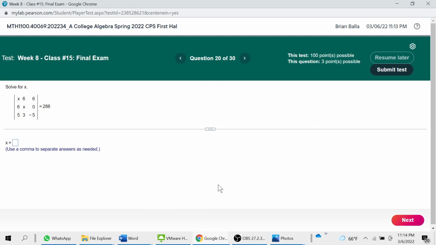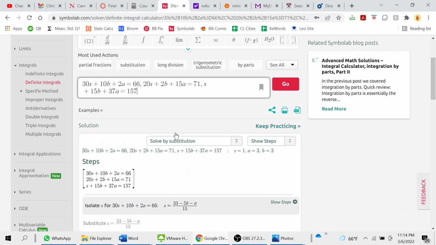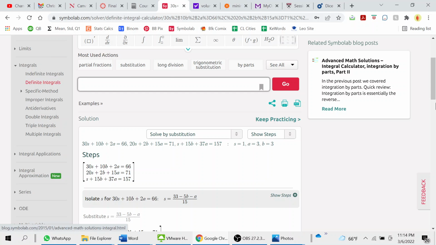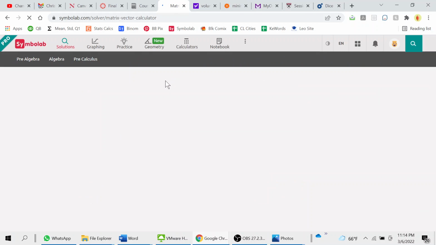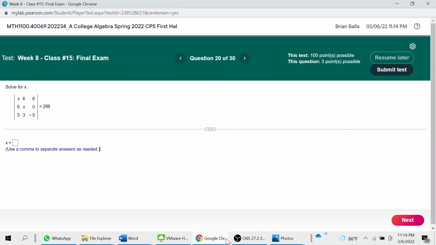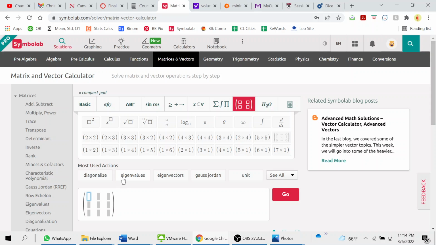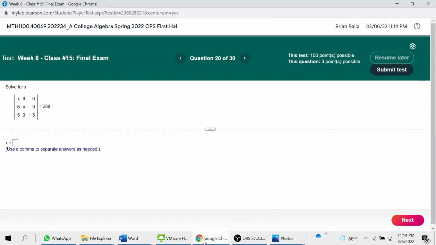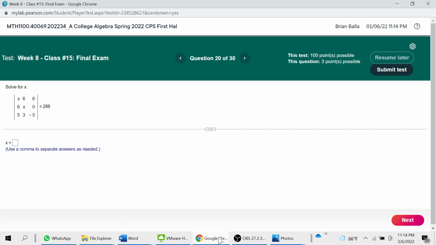Solve for x. Okay, this is gonna be okay. Let me see. Matrices. Okay. X, 6, 6, 6x0, 535.